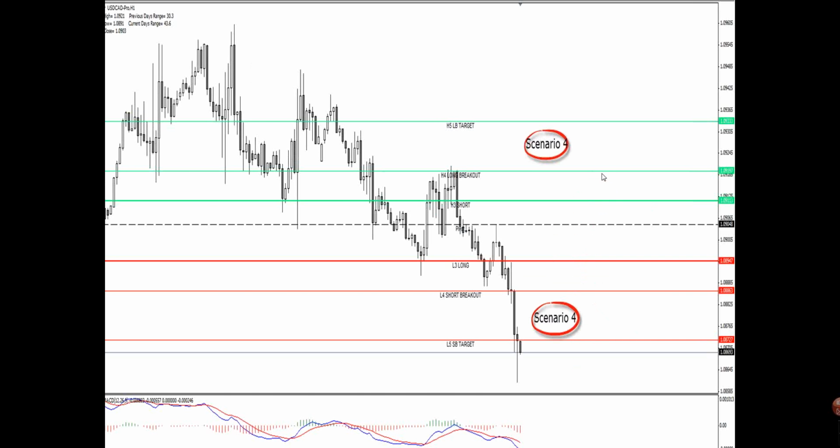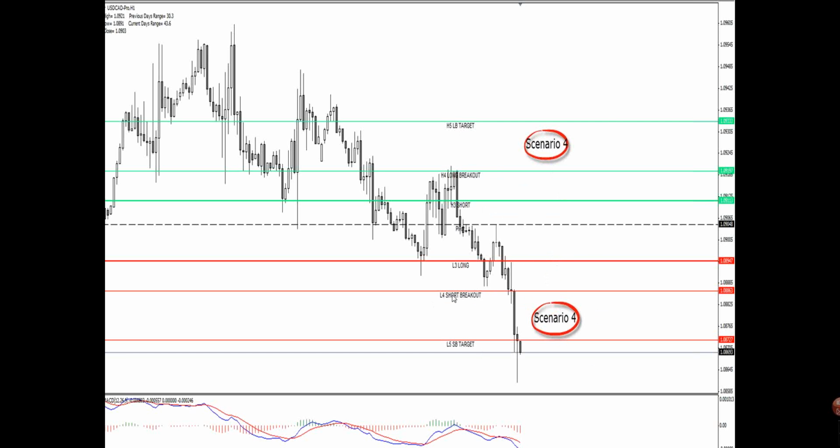And scenario 4, price opens up between H4 and H5 and L4 and L5. What you should do is wait for price to come into the range between H3 and L3, and then you should trade accordingly.